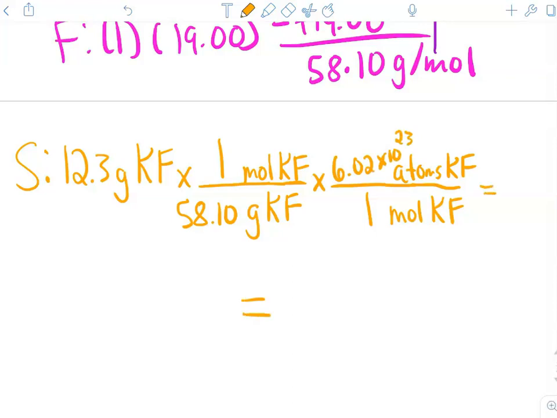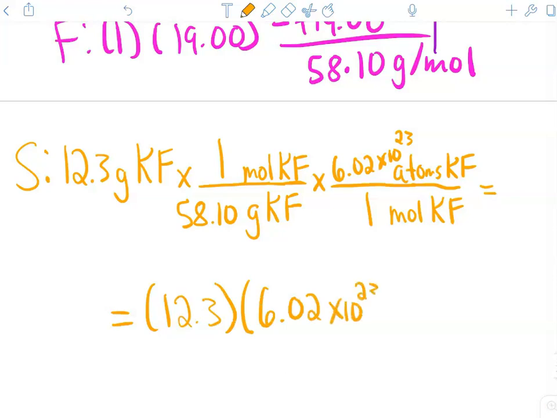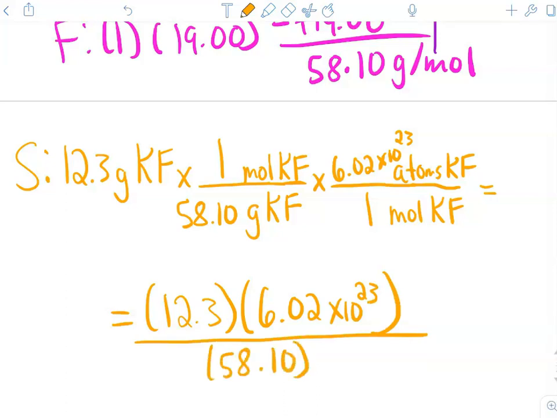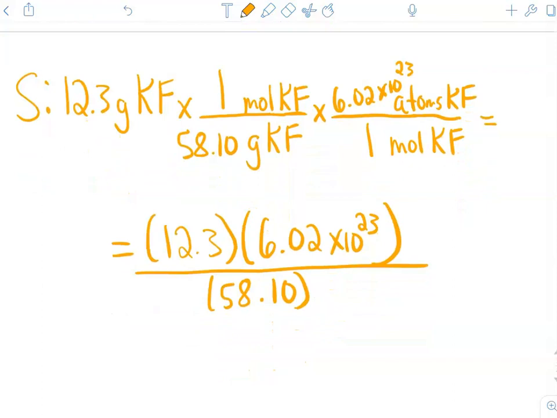Now, when you type this into your calculator, you need to use parentheses. So you need to type it in as 12.3 times 6.02 times 10 raised to the 23rd, parentheses, divided by 58.10. And the reason for that is if you don't do that, then your calculator gets confused with the exponents, whether you are multiplying or dividing.